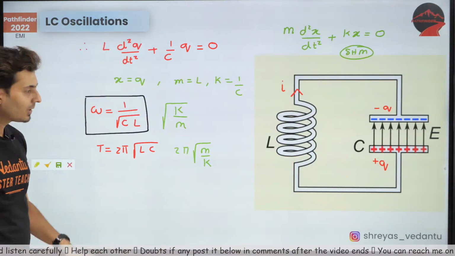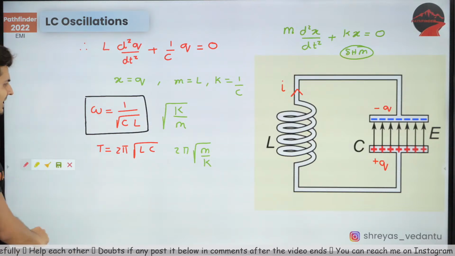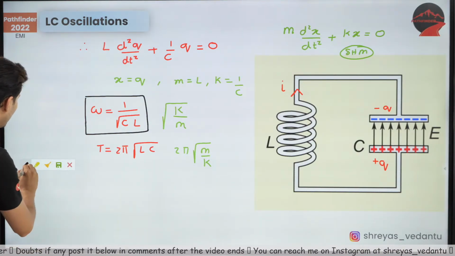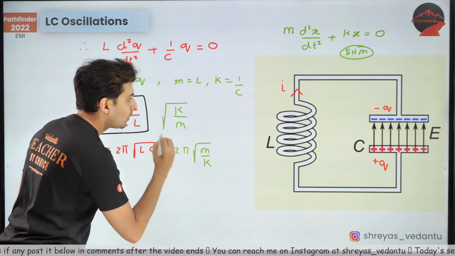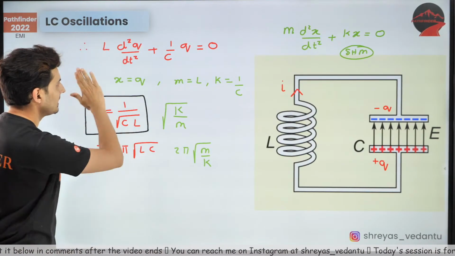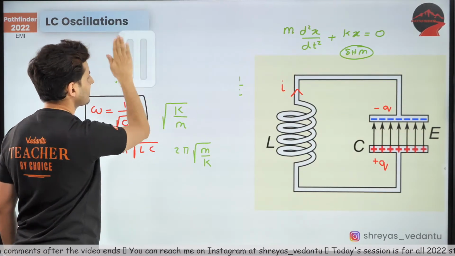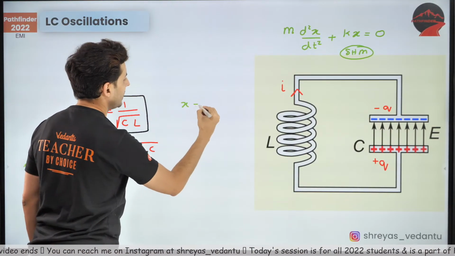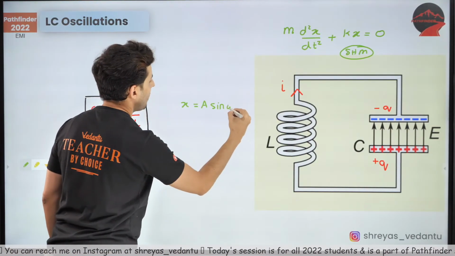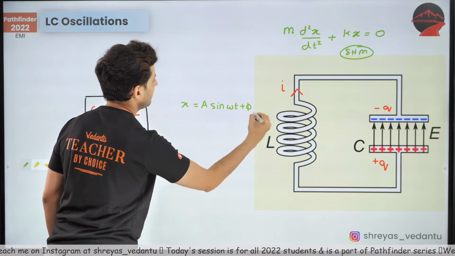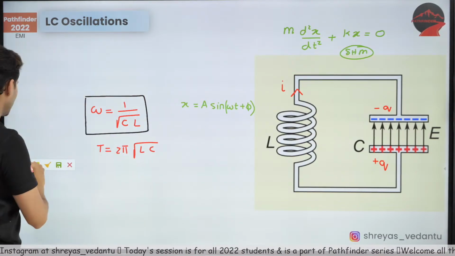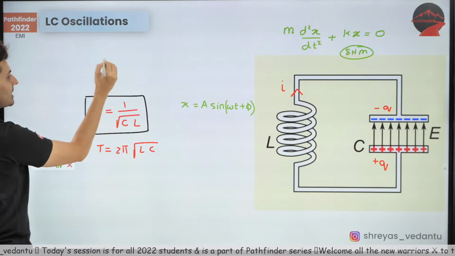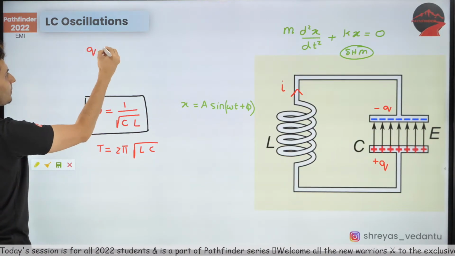Okay, very good. Now, having said this, I can also write the charge as a function of time by again comparing it with your linear mechanics. I'll just erase this now. I no longer need this. Remember, x was a sine omega t plus phi. This was the equation of SHM. But in LC oscillation, instead of x, you will have q.